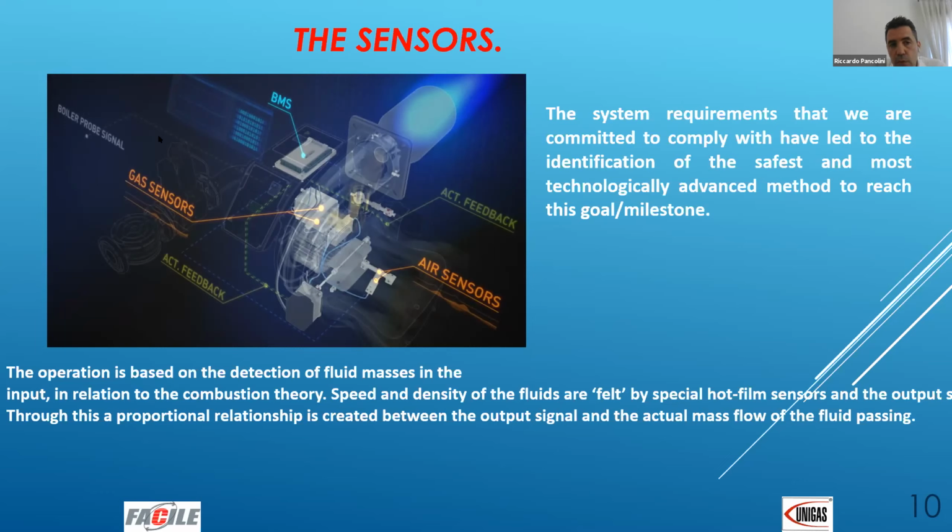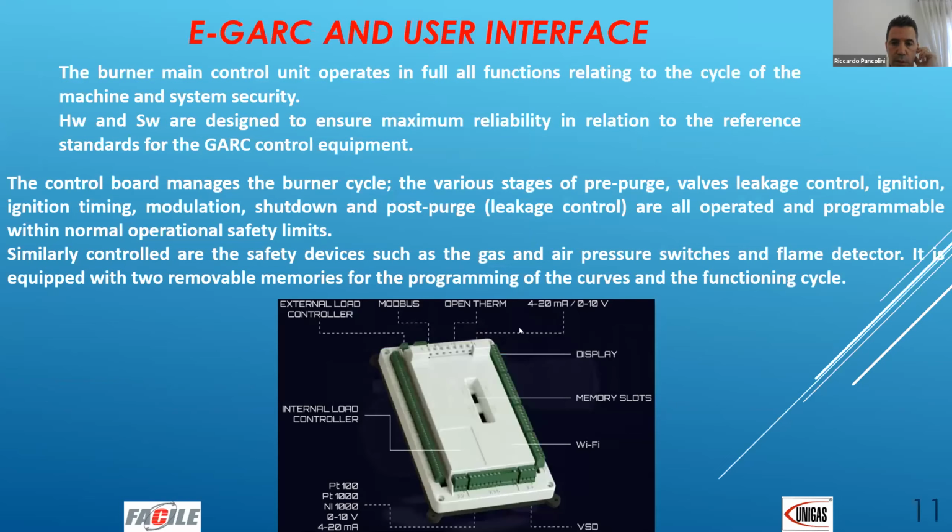We can even connect the boiler probe directly to the BMS because we have a modulator integrated in the BMS. You can see here, we can use an internal load controller with a PID function inside, and it is possible to change these parameters to have the best setting and to choose the set point, for example temperature or pressure of the boiler.